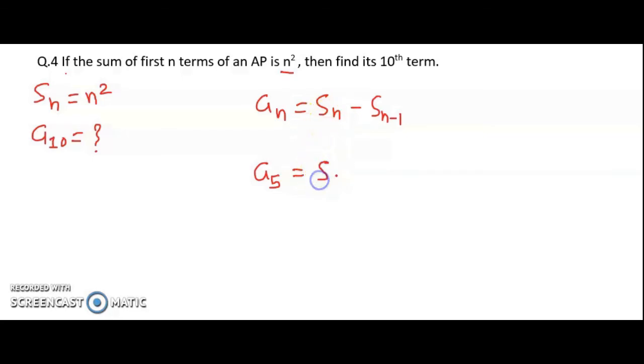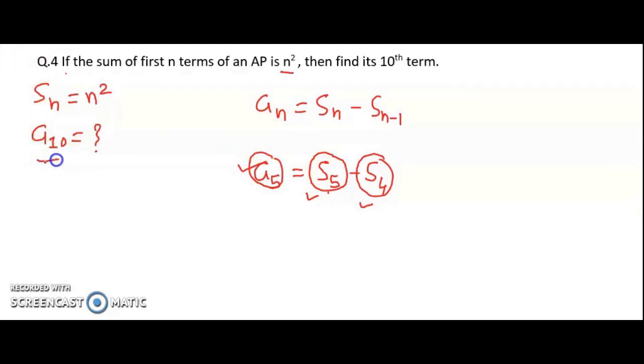Sum of first 5 terms minus sum of n minus 1, that is sum of first 4 terms. So if you find out the sum of first 5 terms, and from that sum you subtract the sum of first 4 terms, then you will get the 5th term, right?